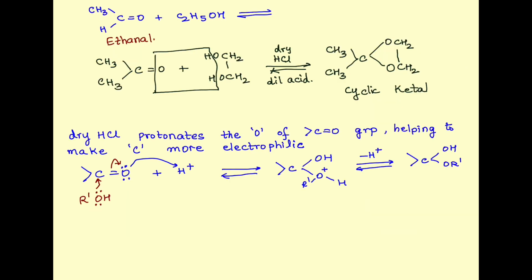To make it easy for you to remember and write it down, I have written it over here. Dry HCl protonates the oxygen of the carbonyl group, helping to make the carbon more electrophilic, right? So H positive pulls the electrons of oxygen. Oxygen in turn, tug of war, remember?